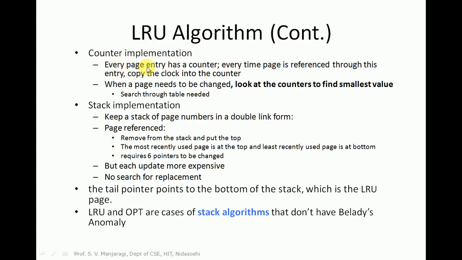Every page entry has a counter, and every time a page is referenced through this entry, copy the CPU clock into the counter. When a page needs to be replaced, we need to look at the counters to find the smallest value. We choose the page having the smallest counter value for the replacement.